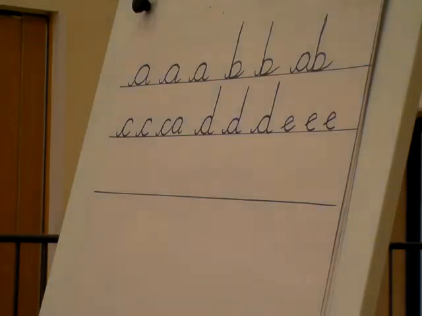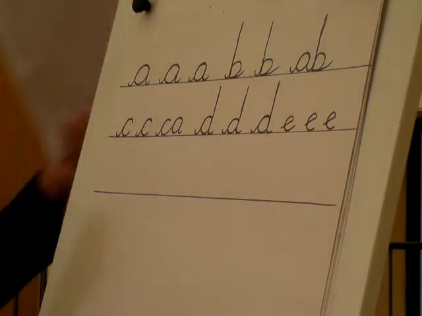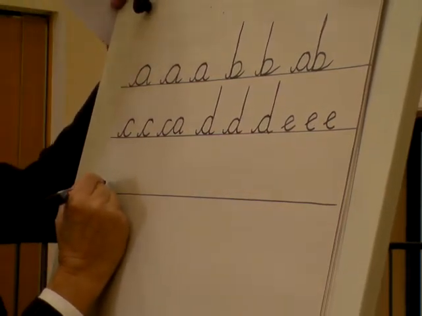Get your fingers ready. Lovely. Okay. This is the letter F. It goes like that, and like that. Okay, so it goes up, round, down, up again. I'll do one for you. Okay, watch carefully.